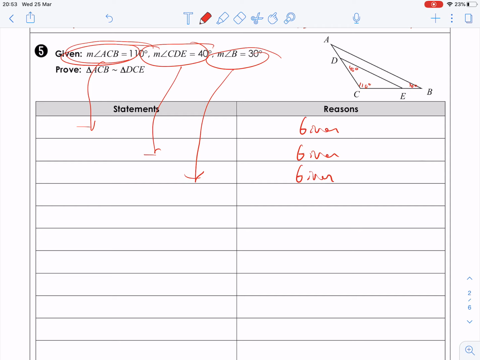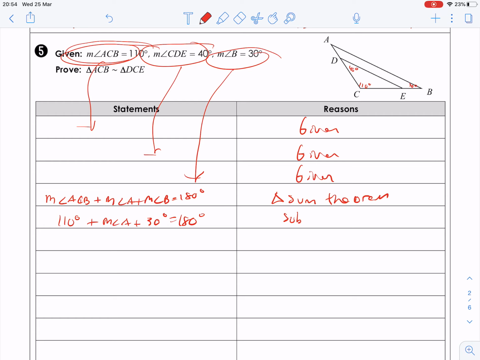So, first thing we could say is the measure of ACB plus the measure of A plus the measure of B equals 180 degrees because of the triangle sum theorem. And then we could use substitution and say this is 110 degrees, A we don't know, B we know is 30.